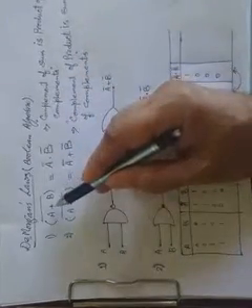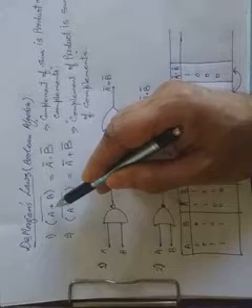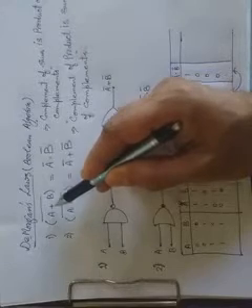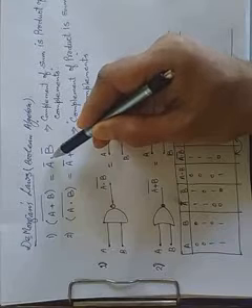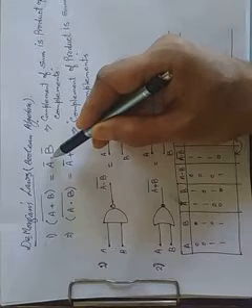Here the sum represents the OR operation, and the product or the dot represents the AND operation.